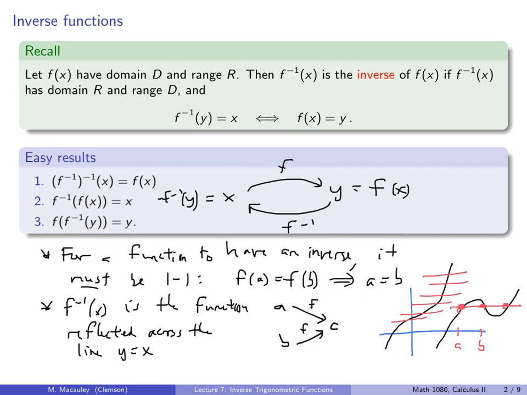For example, suppose here is the line y equals x, and again, this shouldn't be new. You should know this. If this is your function f of x, then your inverse function is what you get when you reflect. This is f inverse of y. So these two functions are the same but reflected, or are mirror images across the line y equals x.